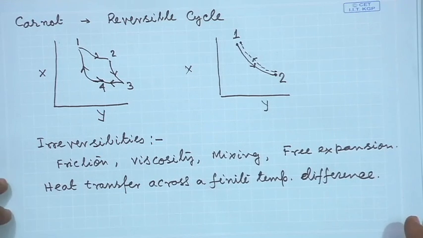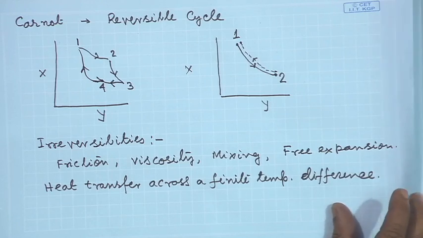So, internally we generally get friction, viscosity, mixing, free expansion, etc. These are the causes of irreversibility, but at the system boundary when there is heat transfer, and that too across a finite temperature difference, then we get another kind of irreversibility, and obviously in these cases the process is irreversible. In these cases, if the process is a part of the cycle, then the cycle is also irreversible.